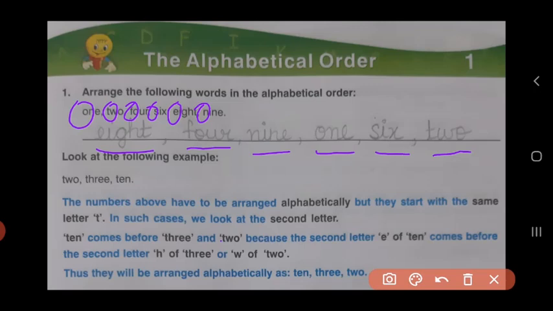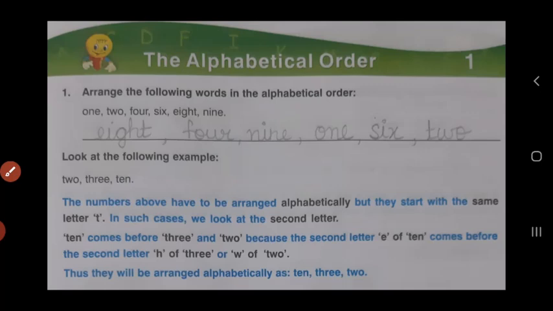Now let us look at another example. Let us see this example 2, 3 and 10. Can you tell me, if I look at the first letters of these 3 words, can I arrange them in alphabetical order?